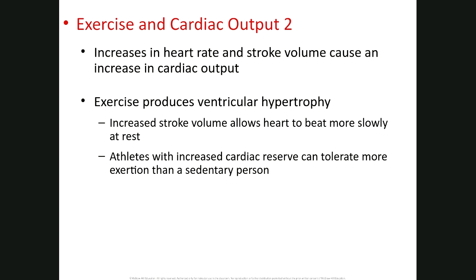So an athlete sometimes can develop ventricular hypertrophy. Increased stroke volume allows the heart to beat more slowly at rest. Because the ventricles have been trained to push hard, they have increased in size. So with just one contraction, they already fulfill the amount of pressure that's expected in the circulation. They don't have to pump so many times.